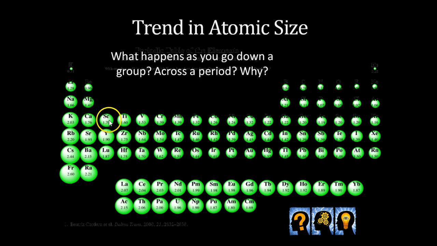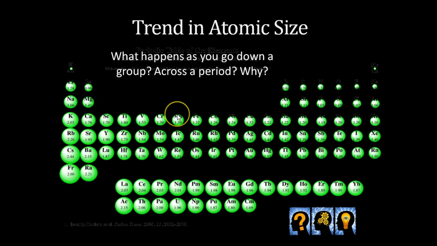That stronger pull from the protons in the center is known as a stronger nuclear charge because it's the nucleus that's pulling them in. Stronger nuclear charge. So our two trends are increasing going down and decreasing going across, and it's energy levels and electron shielding going down, and nuclear charge across. What's accounting for those changes?